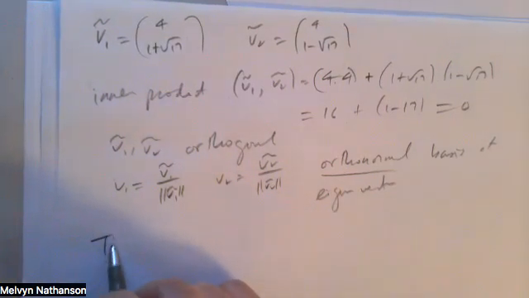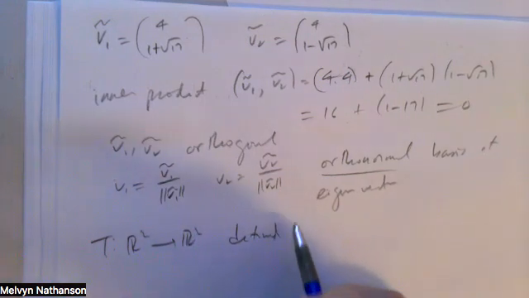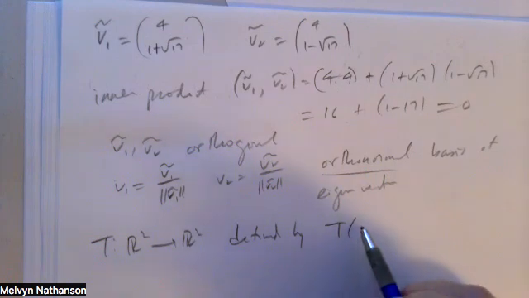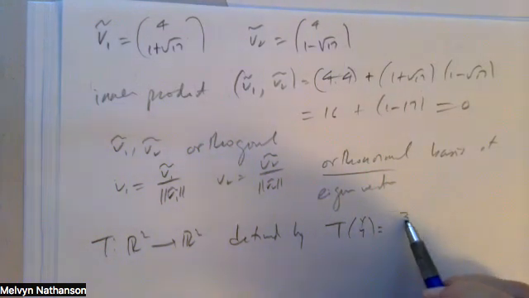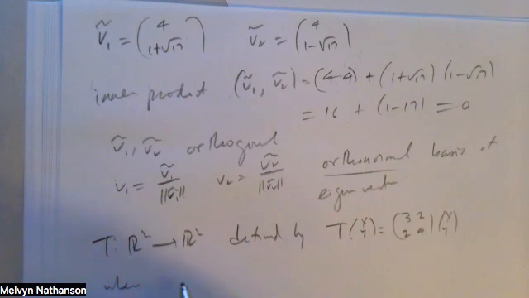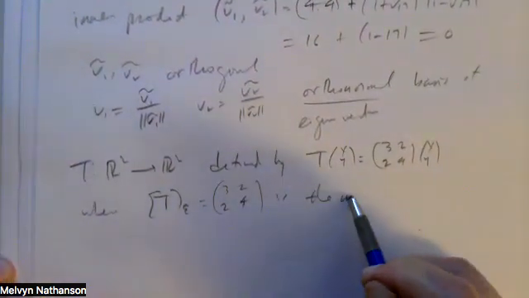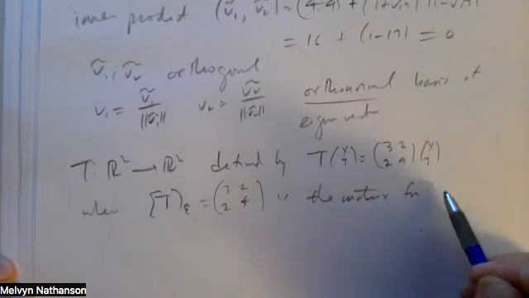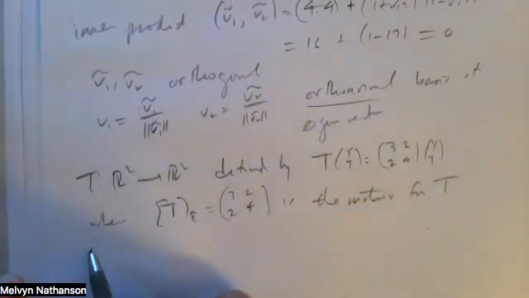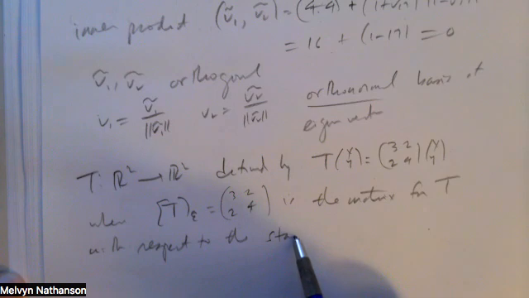So we have the linear transformation T from R2 to R2 defined by T of (x, y) is [3, 2; 2, 4] applied to the vector (x, y), where this matrix [3, 2; 2, 4] is the matrix for the linear operator T with respect to the standard basis for R2.